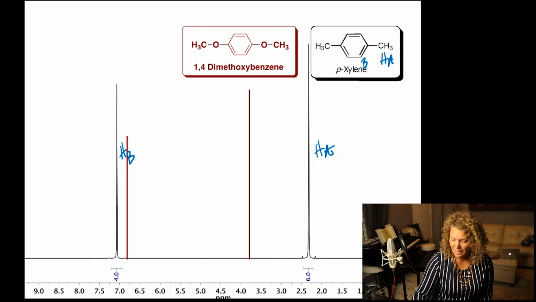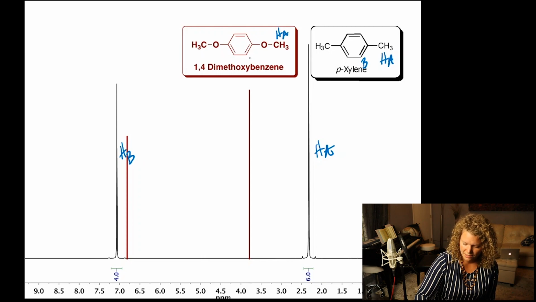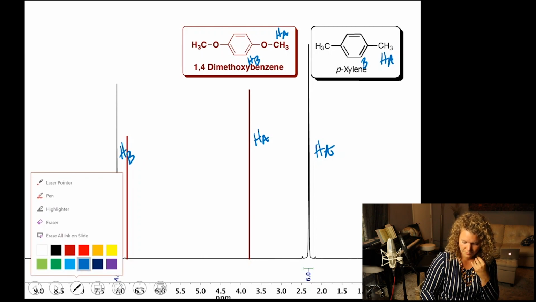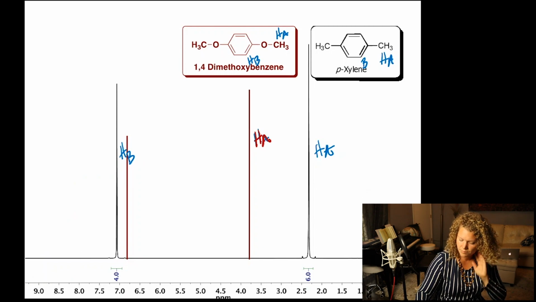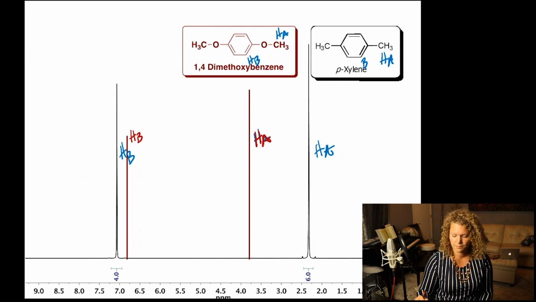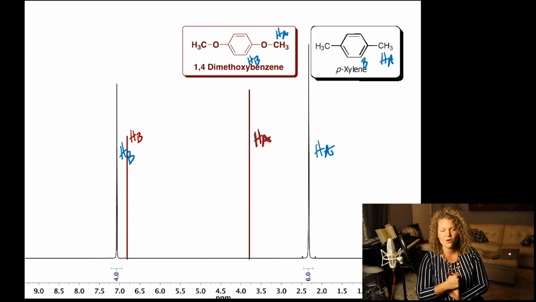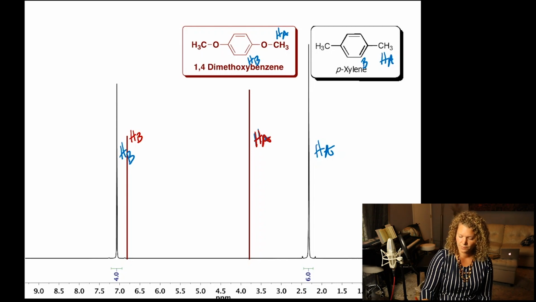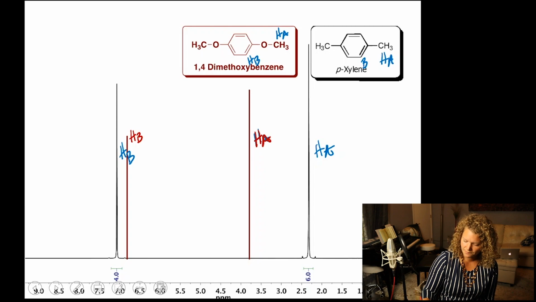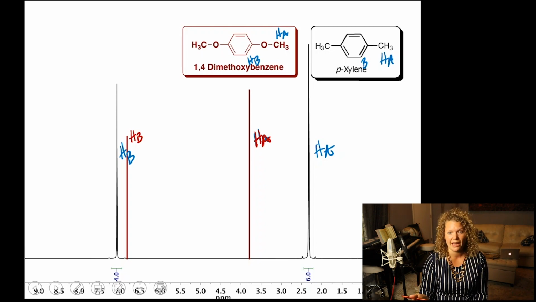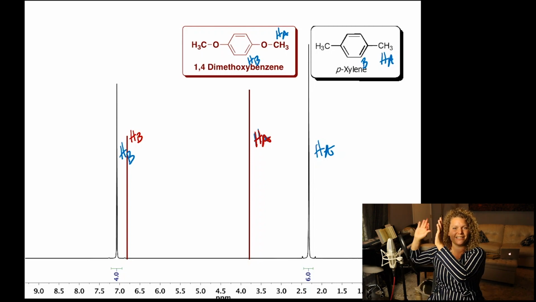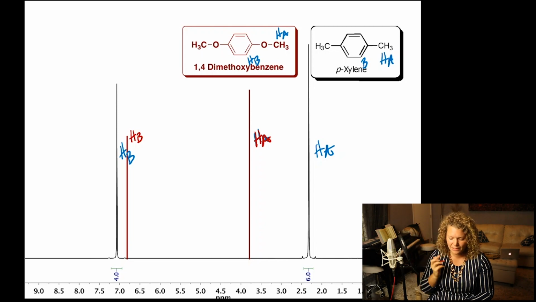And for our 1,4-dimethoxybenzene, let's do our HA and HB. What do you notice about the difference between these 2 spectra? Let's look at HA. The 3 protons on HA from paraxylene to 1,4-dimethoxybenzene, how did they shift? They shifted downfield. They shifted to higher ppm.